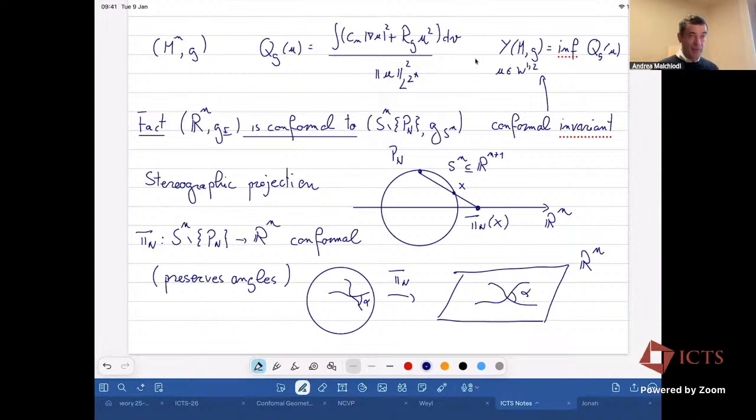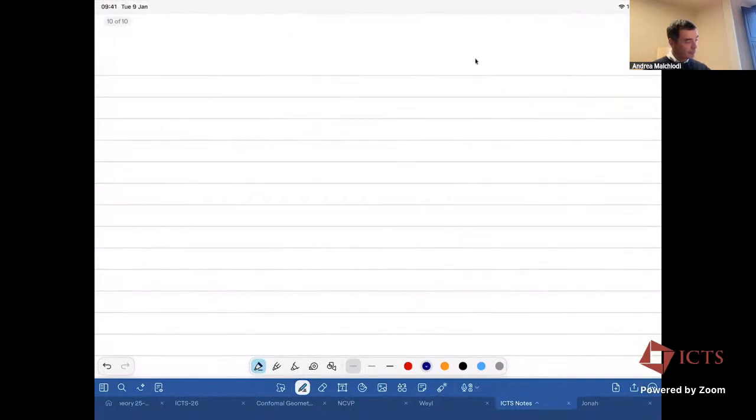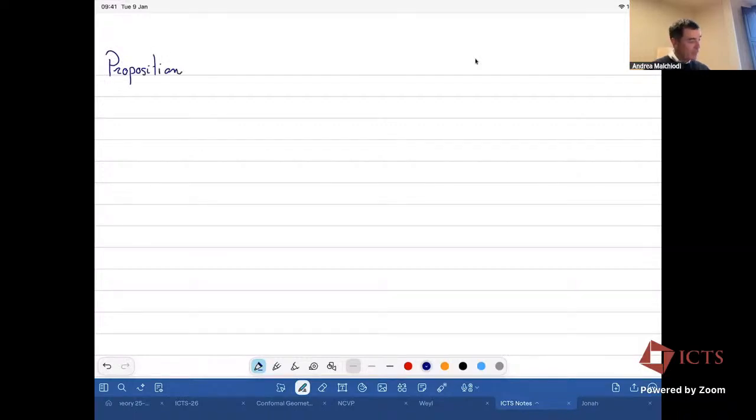So a consequence of this fact is that the two manifolds, R^n with the Euclidean metric and the sphere with the North Pole removed, but it could be any other point, with a round metric, are conformal. So a consequence of the previous theorem is that, so you have this proposition.